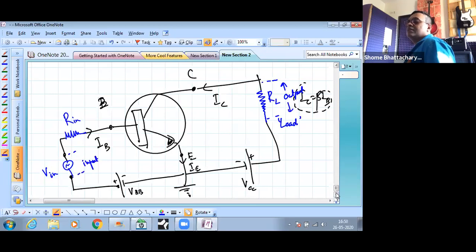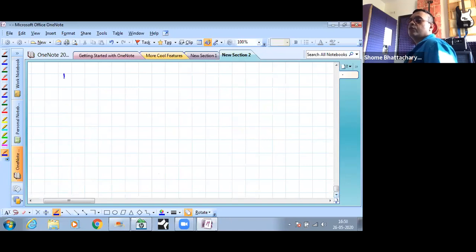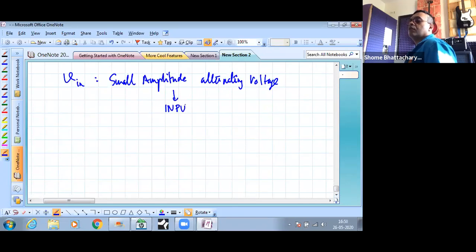So now what happens is, that V input is a small amplitude alternating voltage, which we will consider as our input signal. It's our input voltage signal.